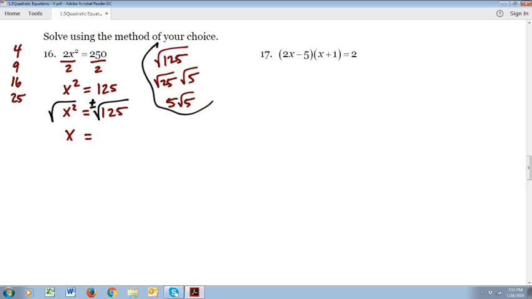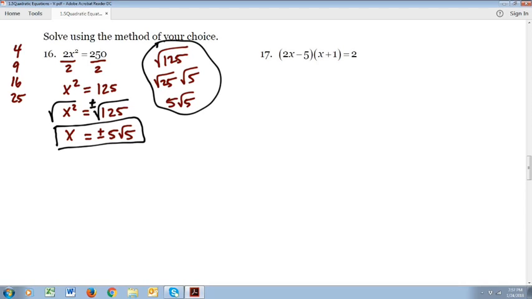And so this is 5 square roots of 5 when you simplify it. So our answer is x equals plus or minus 5 square roots of 5. So again, there's two answers here: positive 5 square roots of 5 and negative 5 times the square root of 5.